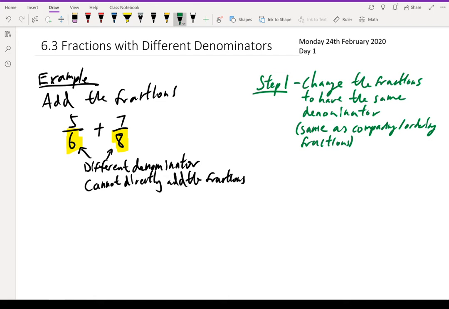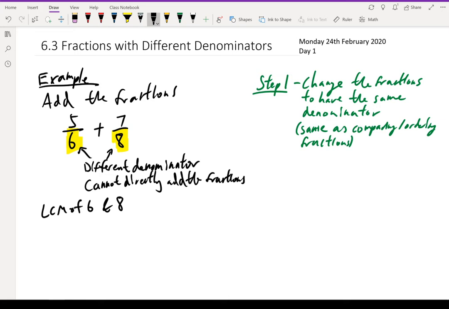When we compare and order fractions, step 1 is to change the fractions to have the same denominator. We do this by finding the LCM. So in this case, 5/6 is equivalent to, we have to find the LCM of 6 and 8.